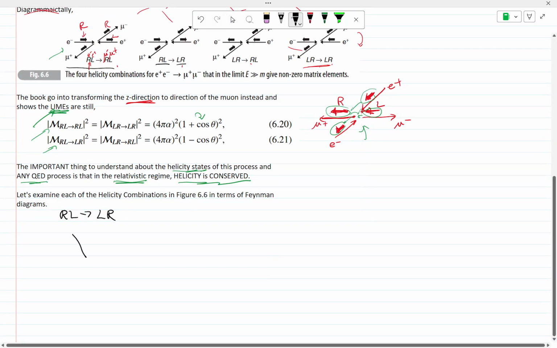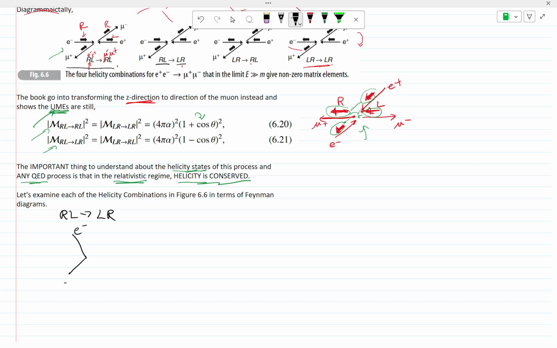So it's an electron-positron annihilating. I'm going to draw the particle line, and then we have a photon, and it spits out a muon and an anti-muon. These are the directions of the particle line.